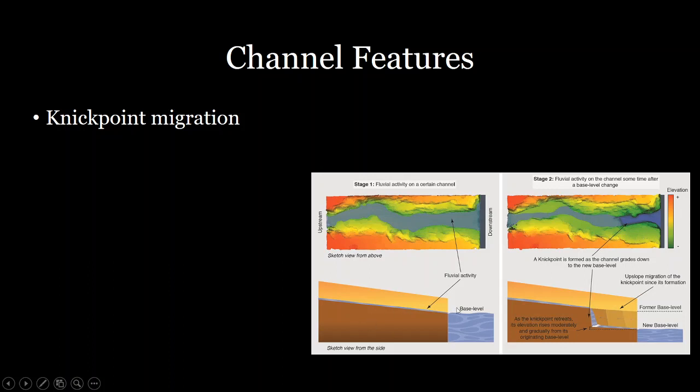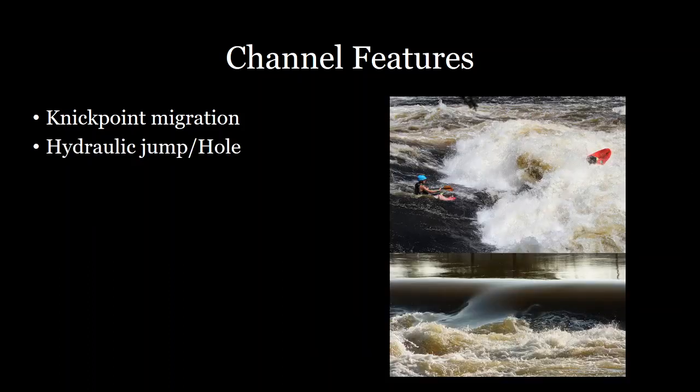You'll have this normal base level of the flow or the sea level that then drops, and then erosion occurs from the ocean inland and will slowly migrate back upstream and erode away. And so waterfalls will often move upstream. Niagara Falls is not an exception, and will eventually hit the lake.